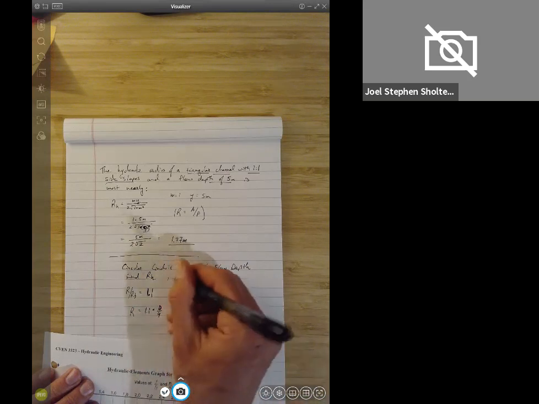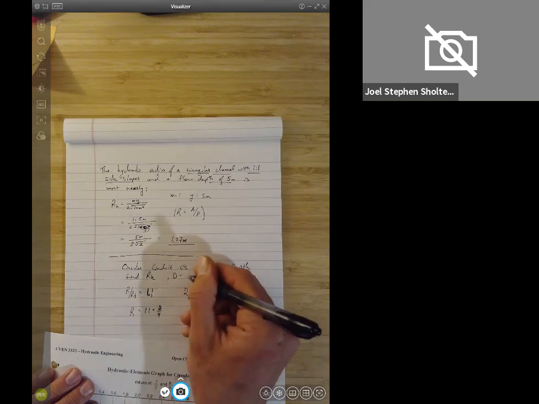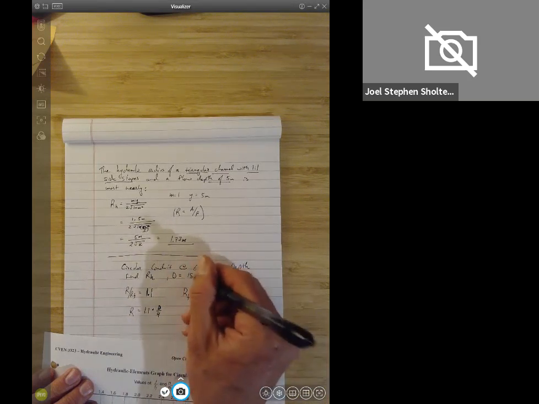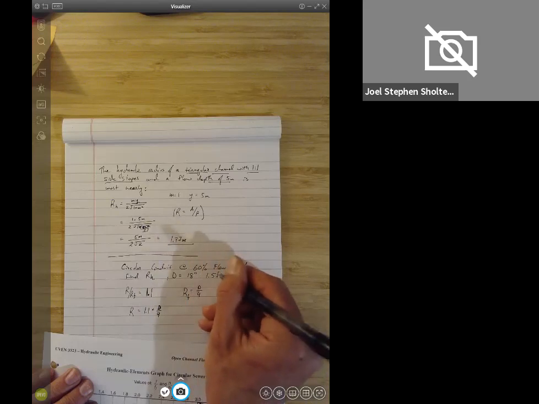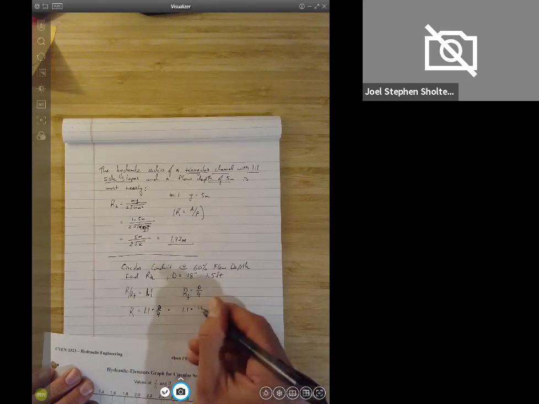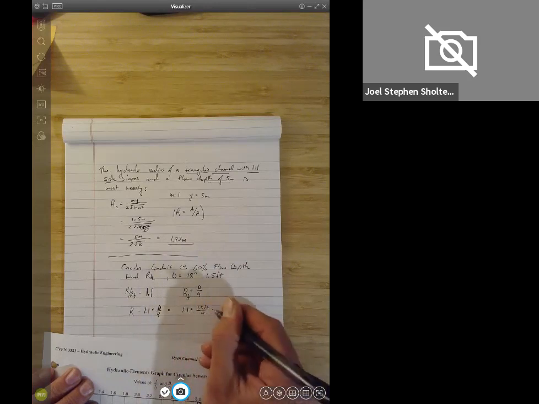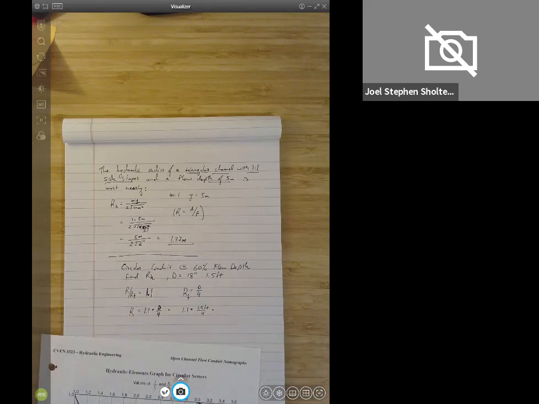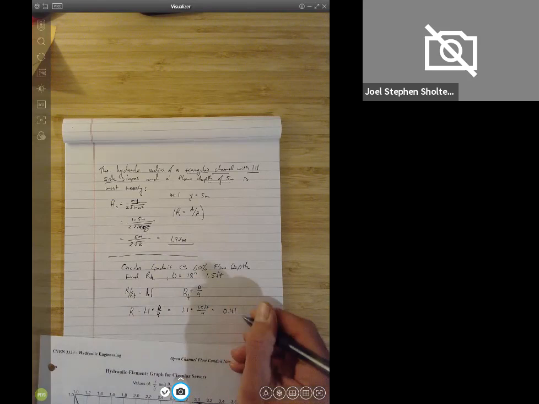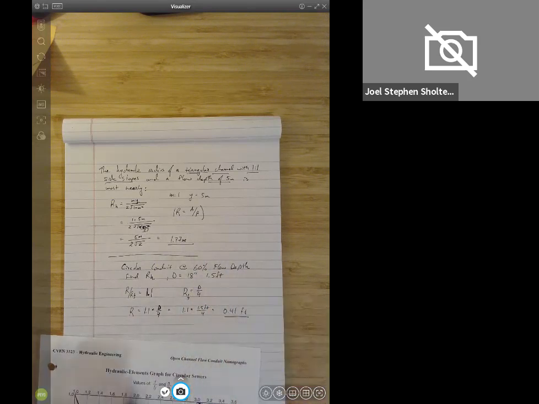So say diameter is equal to, we'll say 18 inches or 1.5 feet. Then we'll just do 1.1 times 1.5 feet over 4. So whatever that ends up equaling, that ends up being our hydraulic radius. And note that it has units of length.